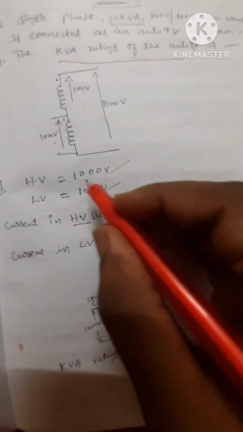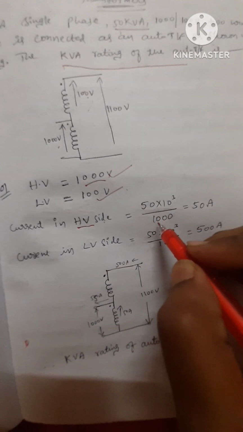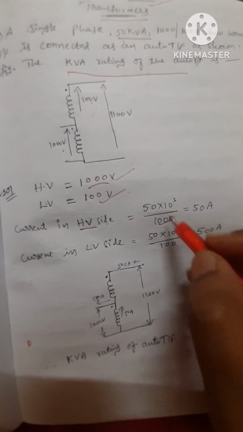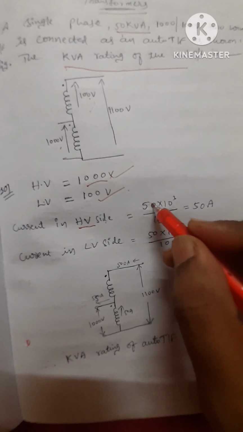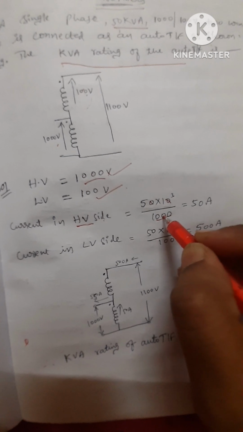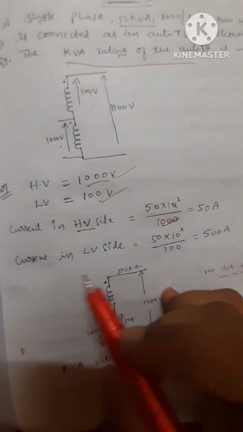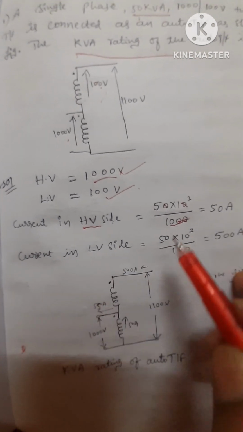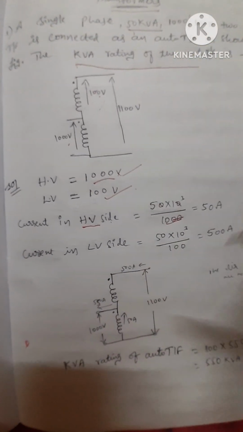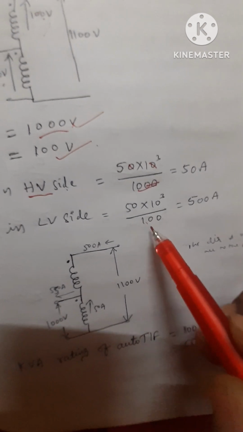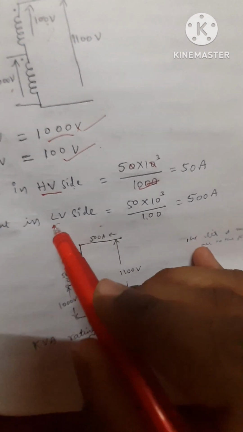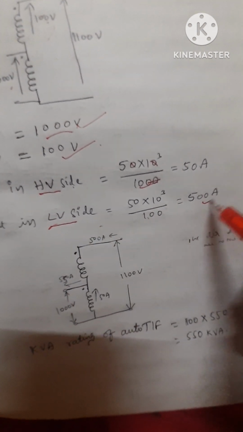These two zeros cancel and we get 50 amperes. Current in the LV side is the same power rating, 50 kVA by 100, so we get 500 amperes.